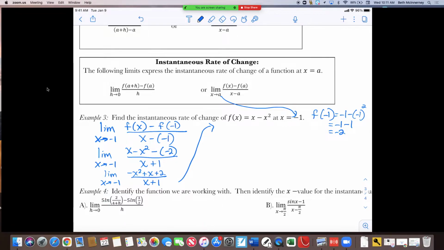So before you factor, anytime that leading coefficient, the x squared, is negative, you're going to want to factor out the negative sign. So I'm going to factor out the negative and get x squared minus x minus 2 over x plus 1.